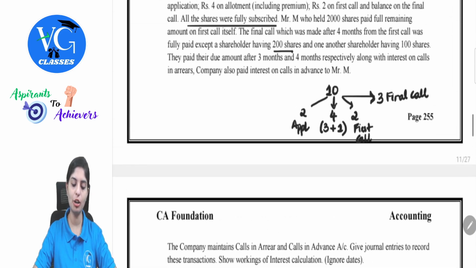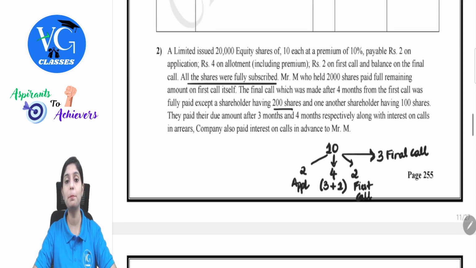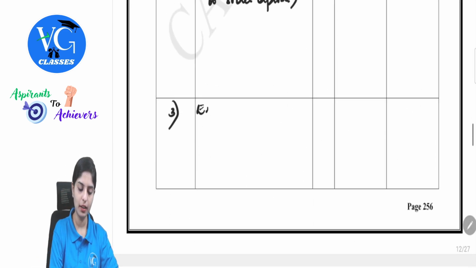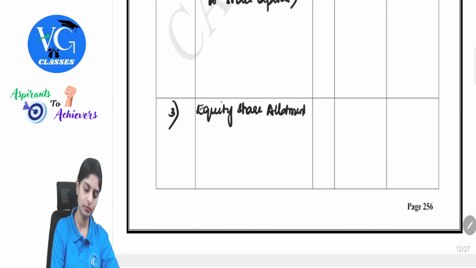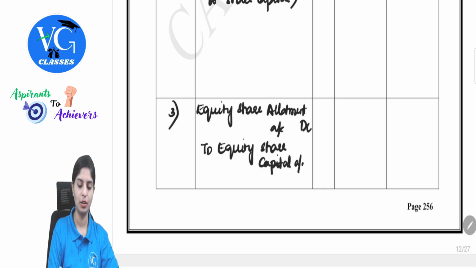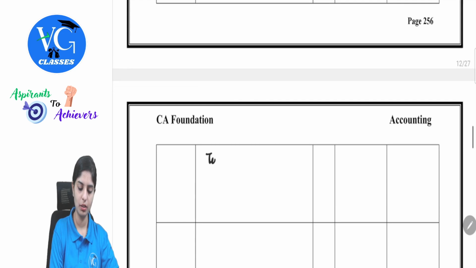Next, we have to make allotment due. Understand there is a premium considered here. So 1 rupee is the premium. So what will be the entry? Equity share allotment account debit to equity share capital, to securities premium account.